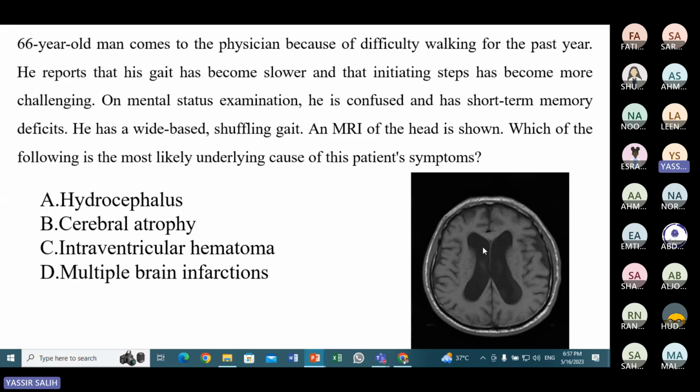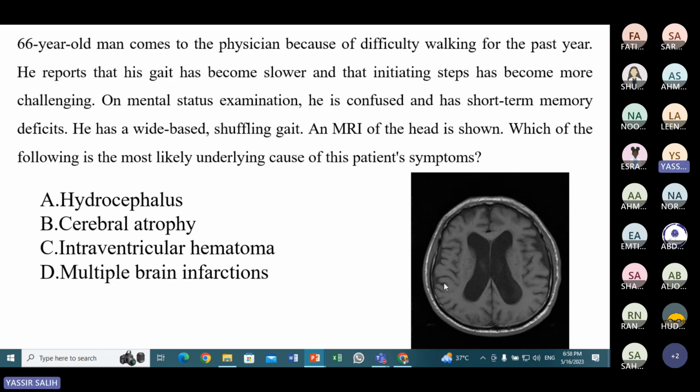You have to look at the ventricles, for example here they are dilated. Then you have to look at the gyri and the sulci. In hydrocephalus, only the ventricles show dilatation, but with normal gyri and sulci.